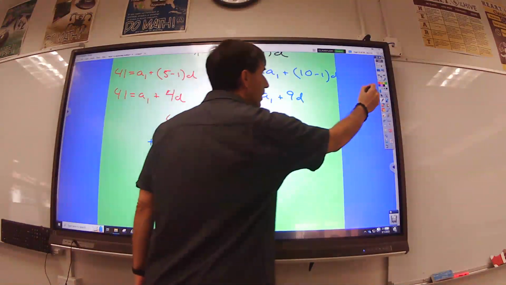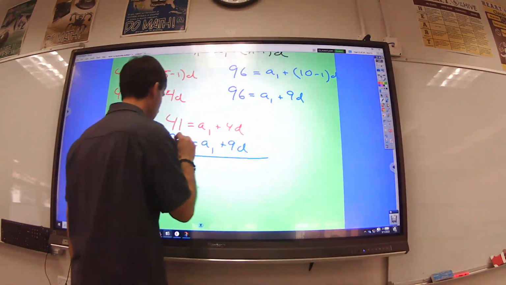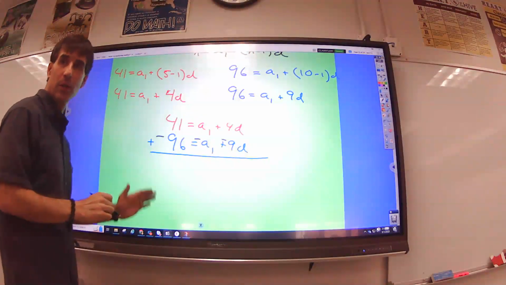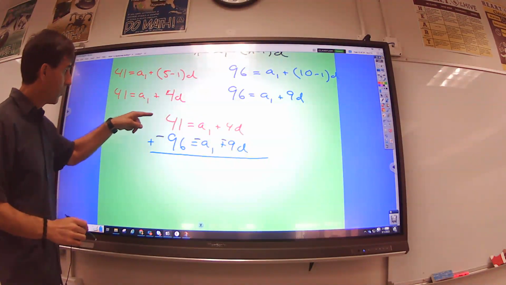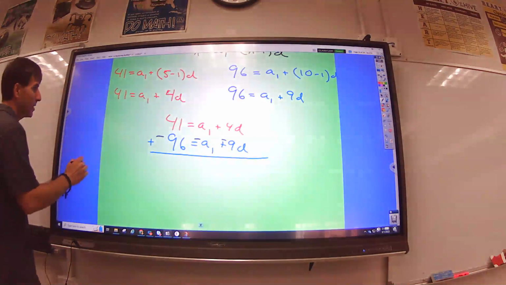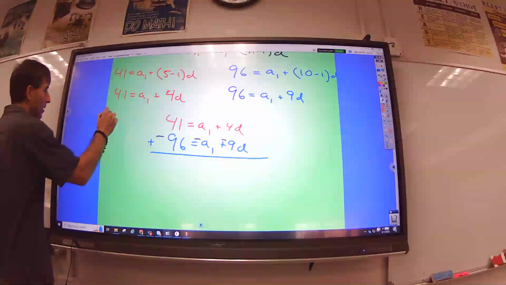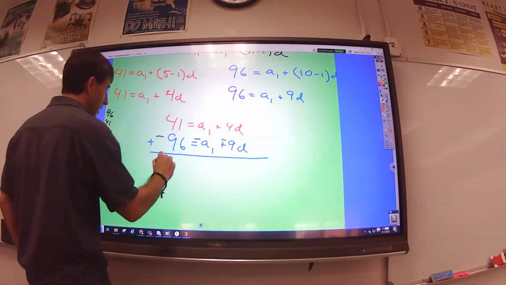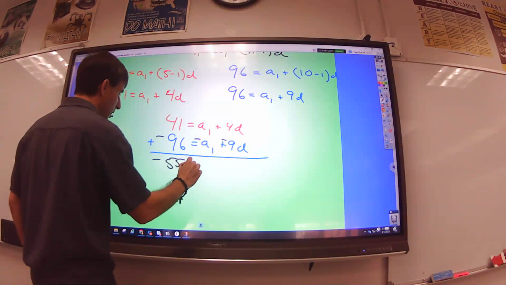Make this a negative, this is a negative, and that's a negative. You flip the signs, and then we're going to get our final answer, right? 41 take away 96, 41 subtract 96 is negative 55. So I got negative 55 equals.